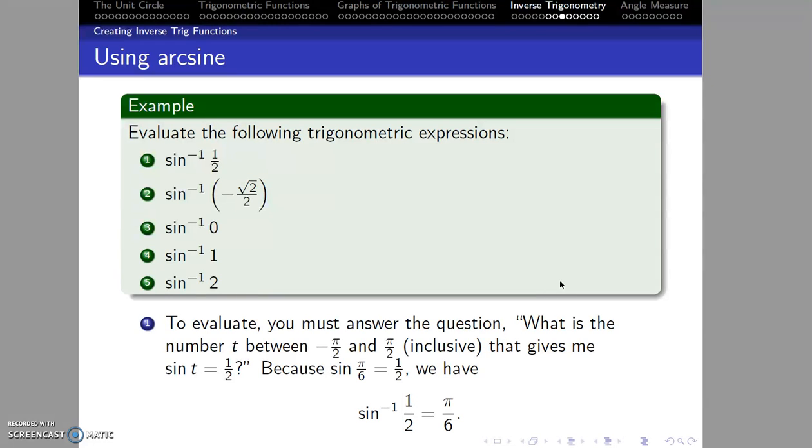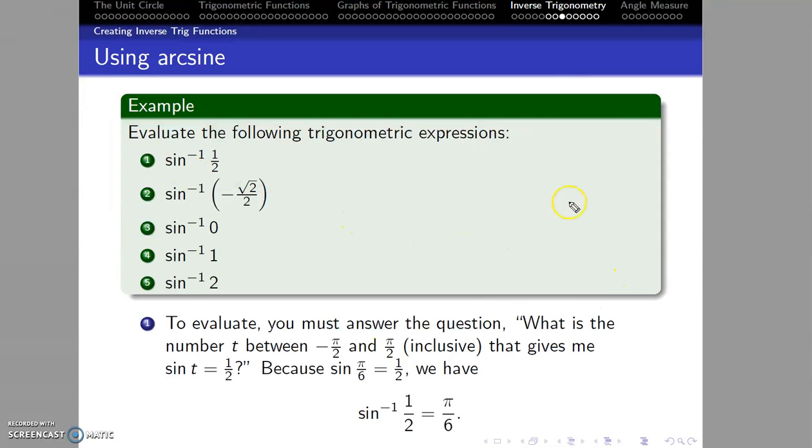So for instance, a few quick examples here to wrap up this video. If you were looking at the arcsine of 1/2, that is asking the question, what is the number between plus or minus pi over 2 that gives me sine of that number equal to 1/2? Well, we think about that for a bit. We draw maybe the western hemisphere or the eastern hemisphere of the unit circle.